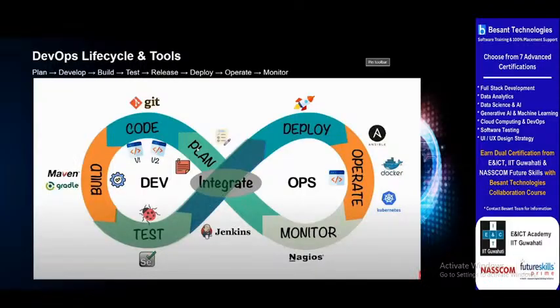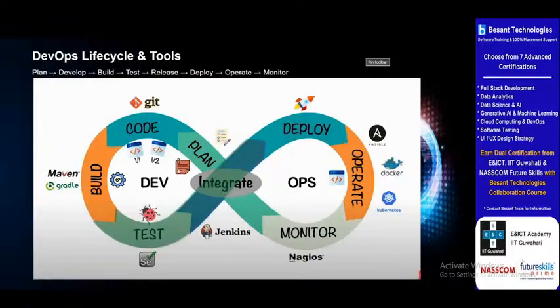Whatever we do, first we have to plan the things. Then we go with Git, where Git and GitHub will take place. Then build and test. This whole part is looked after by the DevOps team.